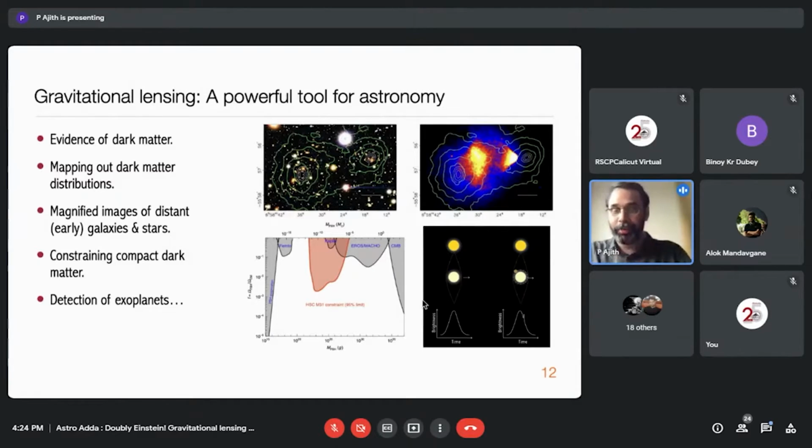Just like a normal magnifying glass, which would amplify the light and produce a more intense image, one could expect that gravitational lensing would also magnify distant objects and can be used as a magnifying glass to look at very distant objects.